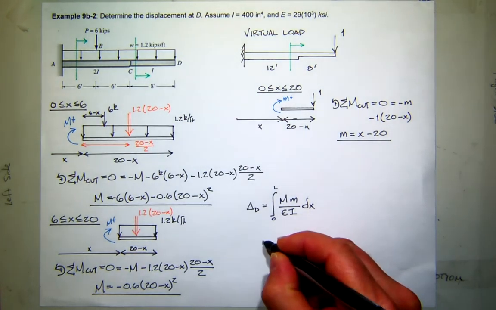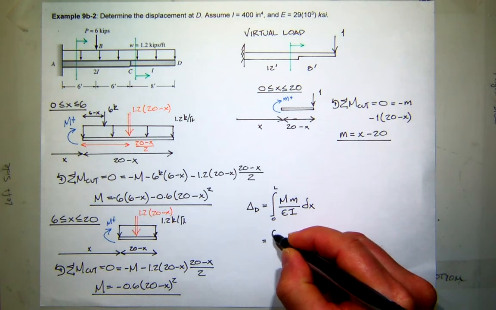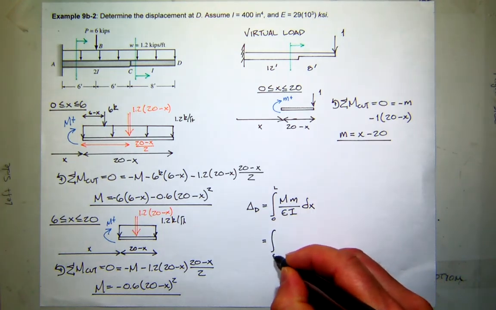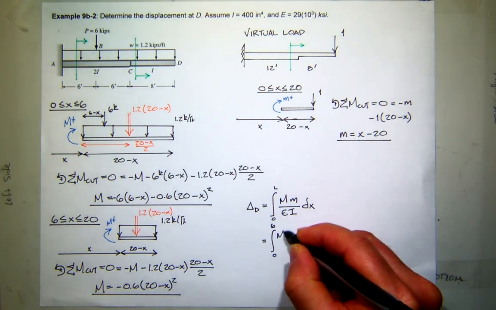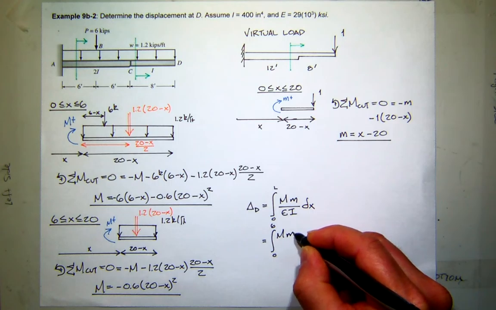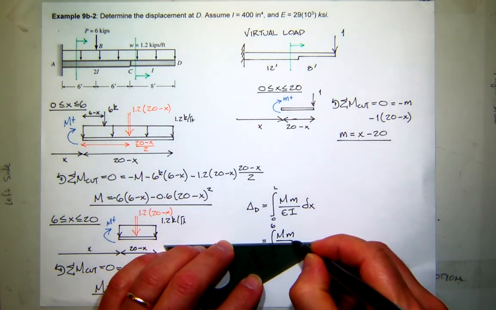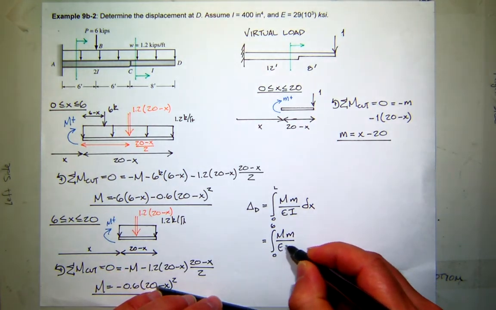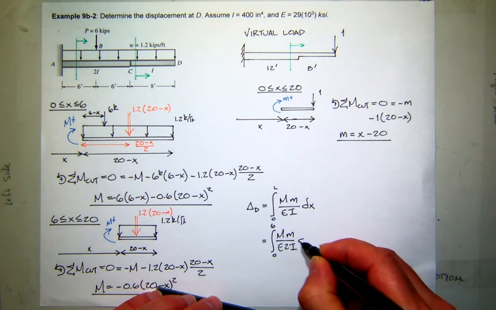So what this is going to turn out to be is an integral from 0 to 6 over E 2I, right?